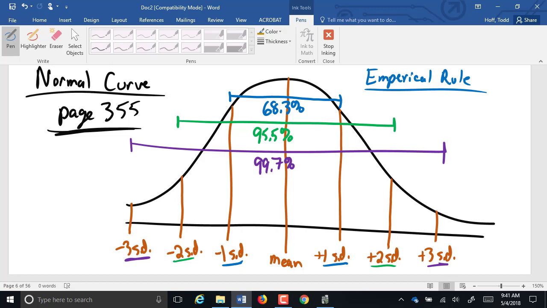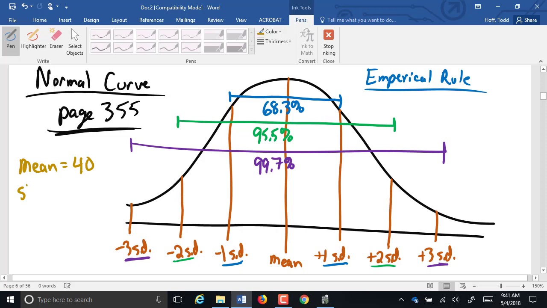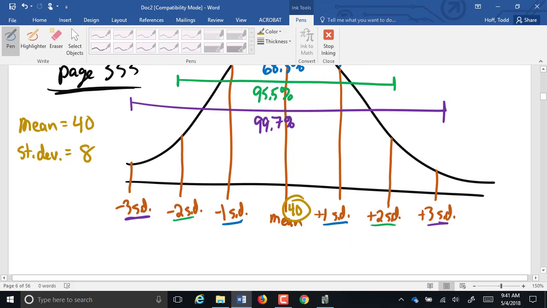Well, let's say that for this, now these percents never change, by the way. So let's say for this data set, we have a mean of 40 and a standard deviation of 8. What that means is the mean here, this center number, is 40. The standard deviation is 8.